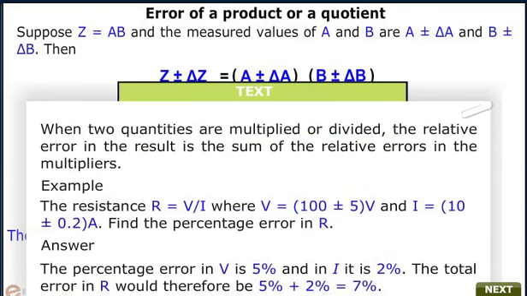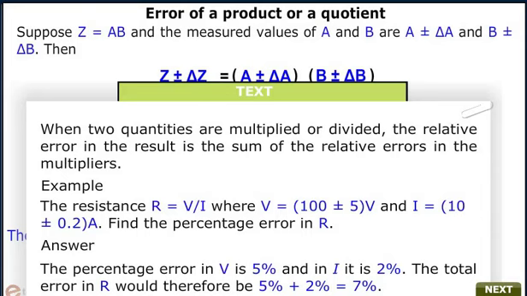When two quantities are multiplied or divided, the relative error in the result is the sum of the relative errors in the multipliers. Example: the resistance R equals V by I, where V equals 100 plus minus 5 volt and I equals 10 plus minus 0.2 ampere.